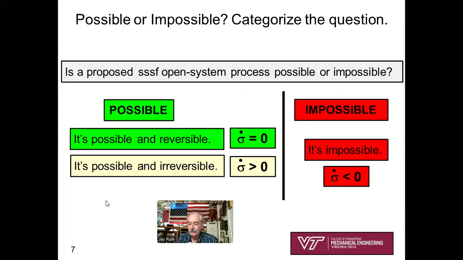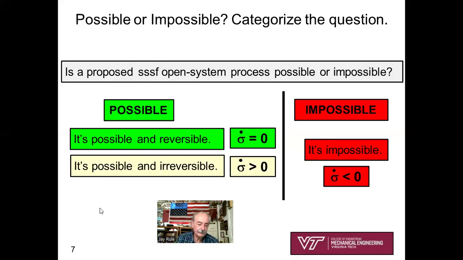Okay. Commonly asked question, is a proposed steady state, steady flow open system process possible or is it impossible? All right, so just a rehash, just to really make the point. Let's go to the right. If sigma dot, that's the rate of entropy production, is less than 0, the proposal is impossible. What if it's greater than or equal to 0?